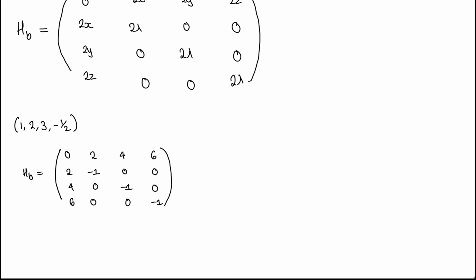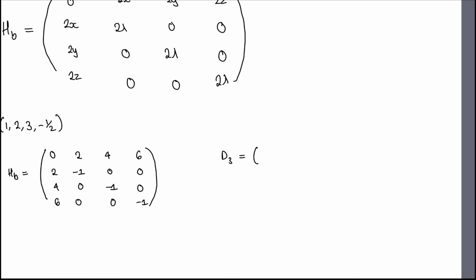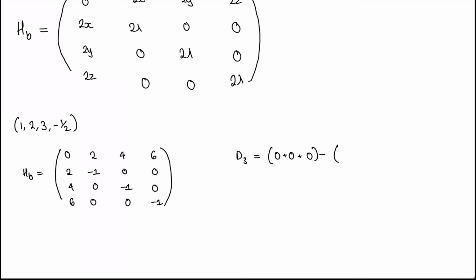If we use the bordered principal minor method, we will have to work out the determinant of the 3x3 submatrix, which, if we use the diagonal method, gives us 0 plus 0 plus 0 minus, this is minus 16, 0, and then this gives us minus 4. So the determinant is 20.